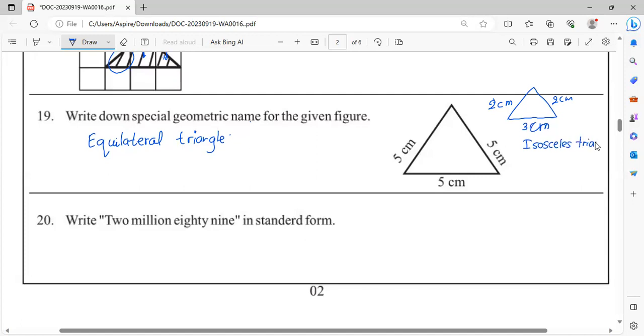Only two sides are equal. Then if none of the sides are equal, such kinds of triangles are called scalene triangles.